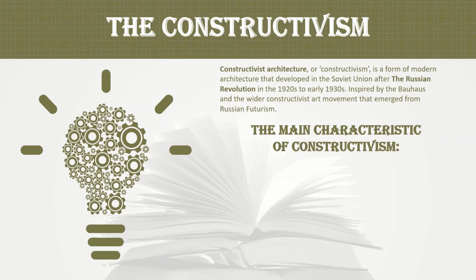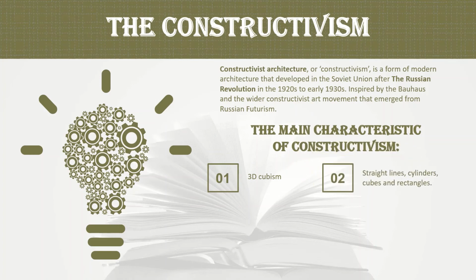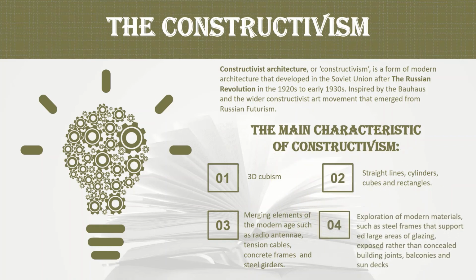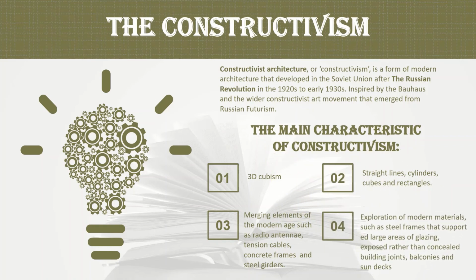The most important characteristics of it are 3D cubism, straight lines, cylinders, cubes, and rectangles, merging elements of the modern age such as radio antennas, tension cables, concrete frames, and steel girders, and exploration of modern materials such as steel frames.